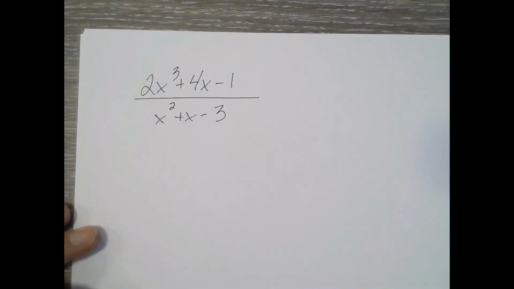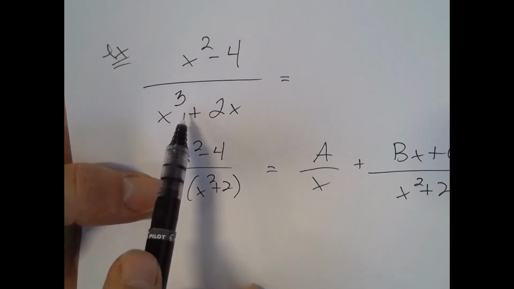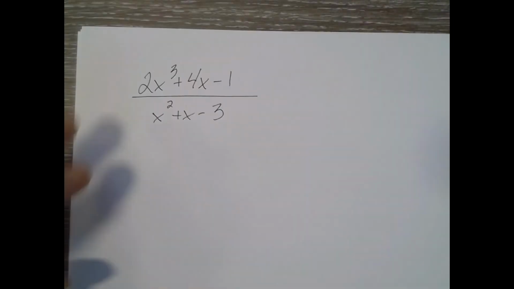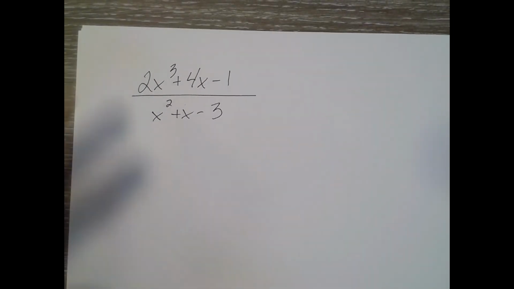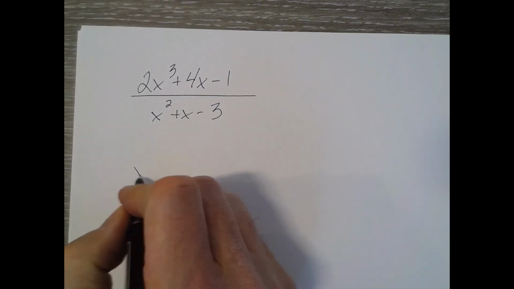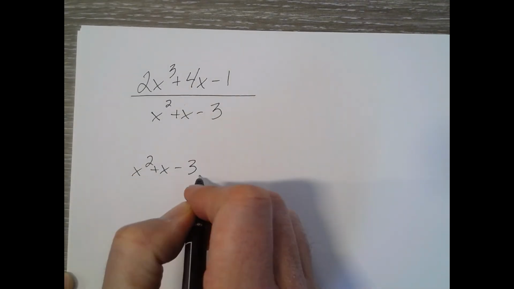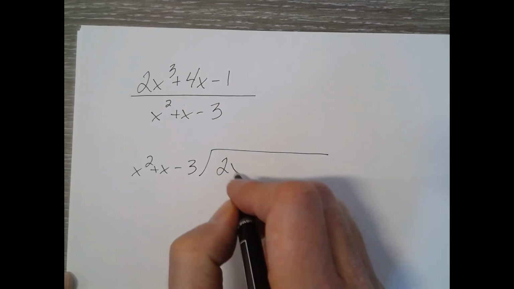Everything up to this point has had a larger degree on the bottom. If the top is the same degree or if the top is bigger, you have to do polynomial division.